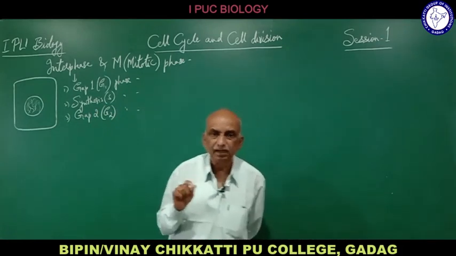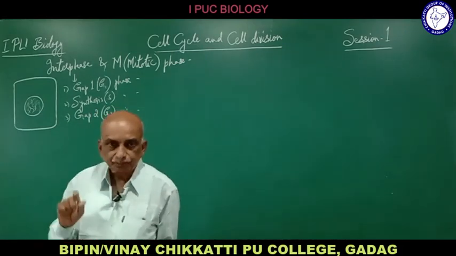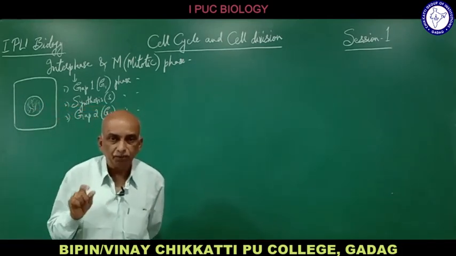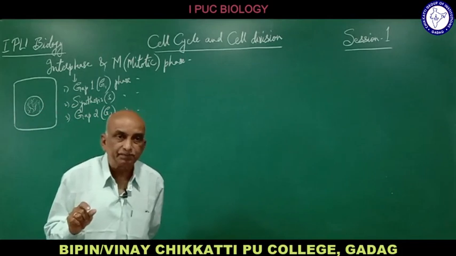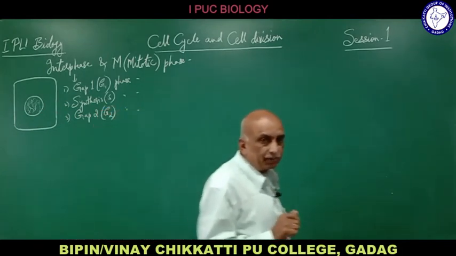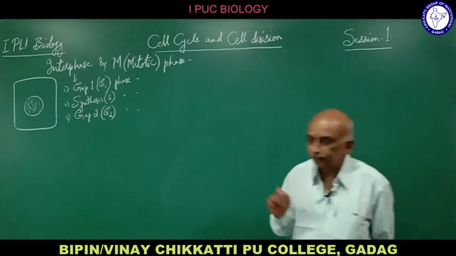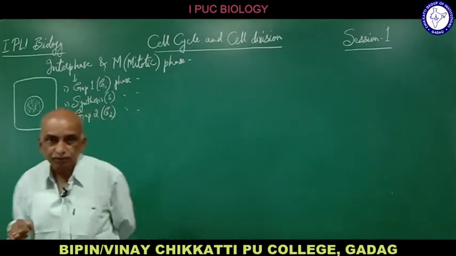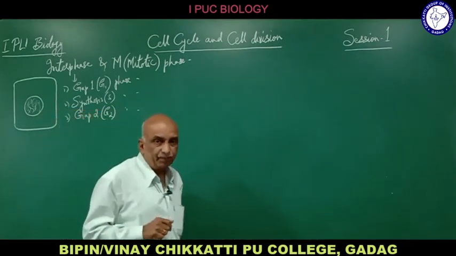So proteins and RNA are synthesized, the cell becomes metabolically active and grows to its maximum size. That is what actually occurs in this phase, gap 1 phase, also called G1 phase.